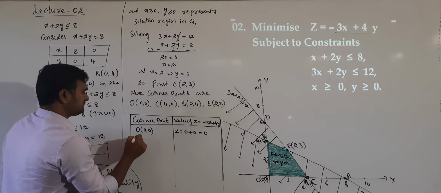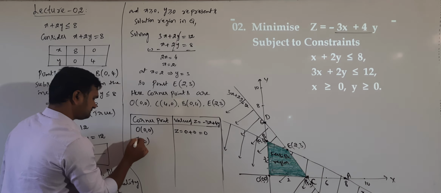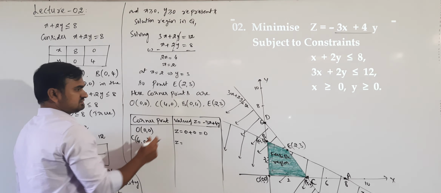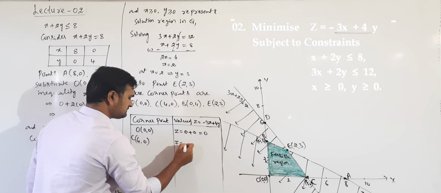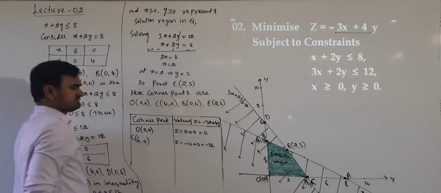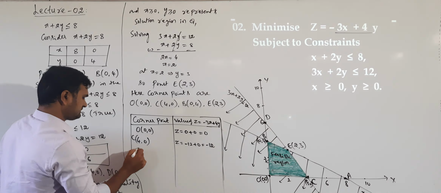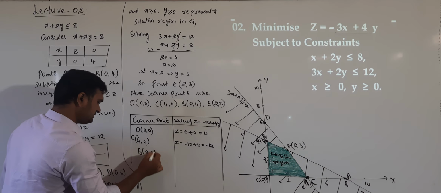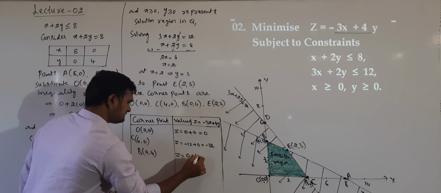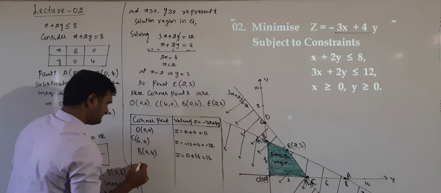Next, at the point 4, 0, x is 4, y is 0. 3 times 4 means minus 12 plus 0, which is minus 12. Next, B 0, 4: z is 0 plus 16, 16.